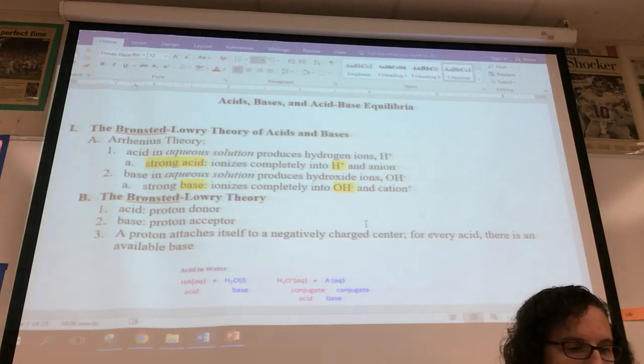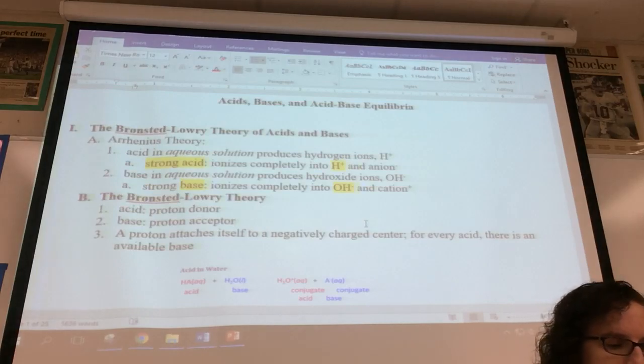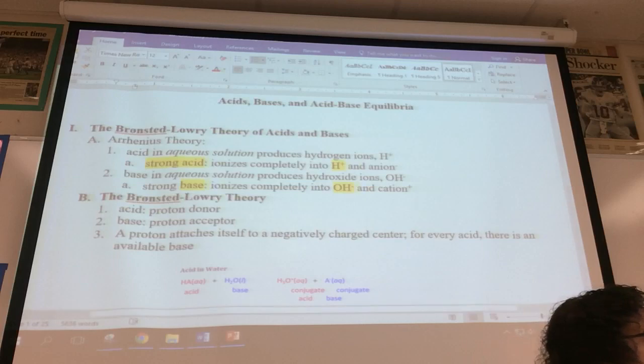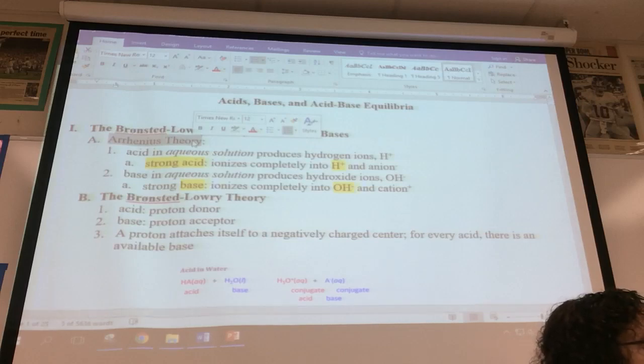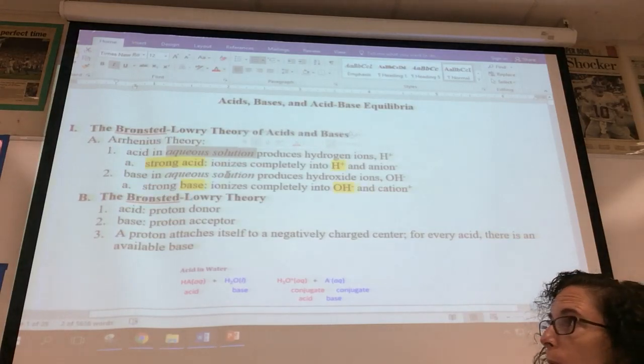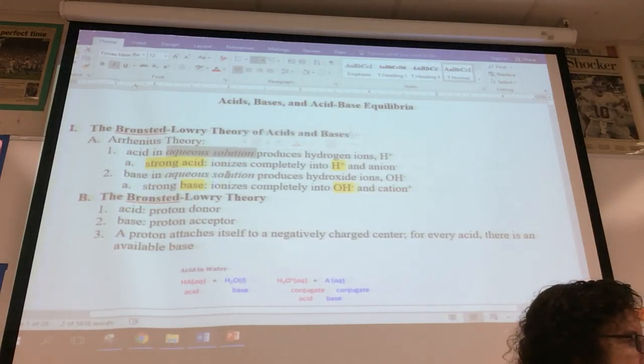We'll be talking a lot about the Bronsted-Lowry definition. Before we do so, I want to just remind you of the Arrhenius theory. The Arrhenius theory focuses on what gets generated or produced, that is, products being made, and your solvent must be water because you must have an aqueous solution.